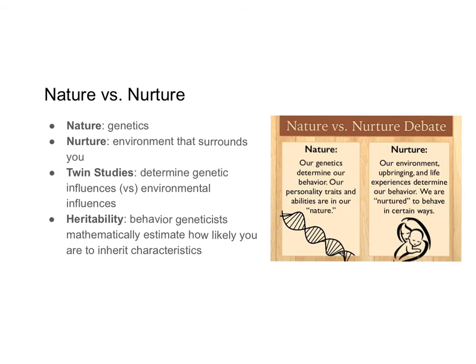To go into a little bit more on the nature versus nurture debate, nature means the genetics determine our behavior, nurture means that environment determines our behavior. And we study this using twin studies to see which could be more influential in your development. And really, what heritability means is geneticists mathematically estimate how likely you are to inherit a characteristic based off of your nature or your genetics.